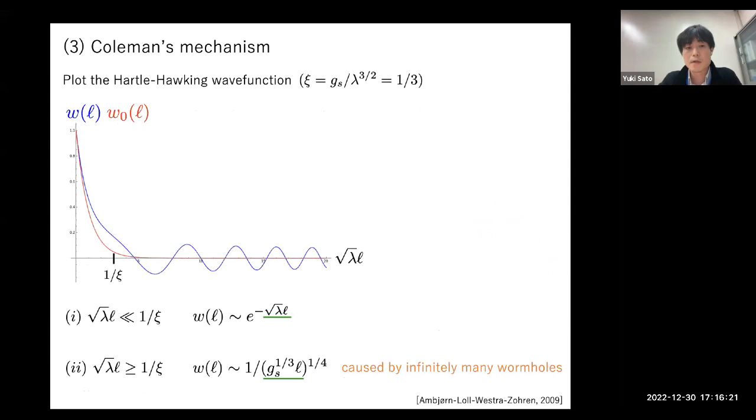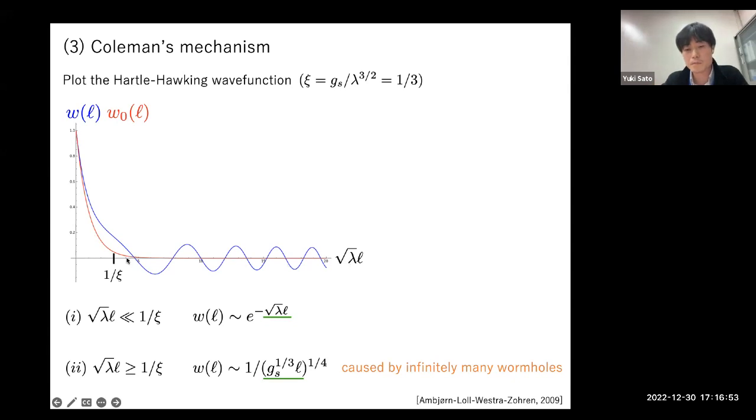So let me plot the Hartle-Hawking wave functions. The vertical axis is the Hartle-Hawking wave function, and the blue one is the wave function including all possible wormhole effects, expressed by the Airy function. And the red one is the Hartle-Hawking wave function for the original CDT, meaning that there are no wormholes at all.